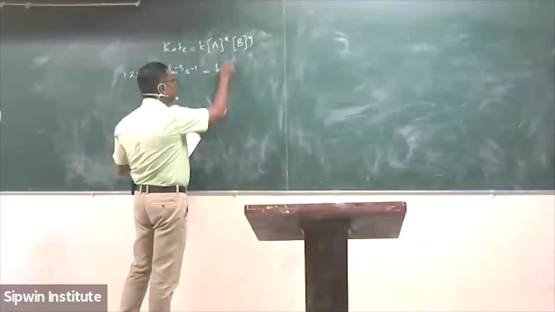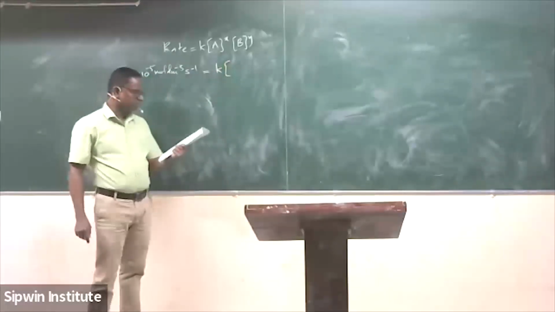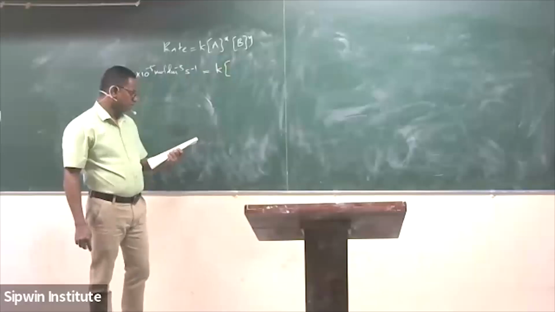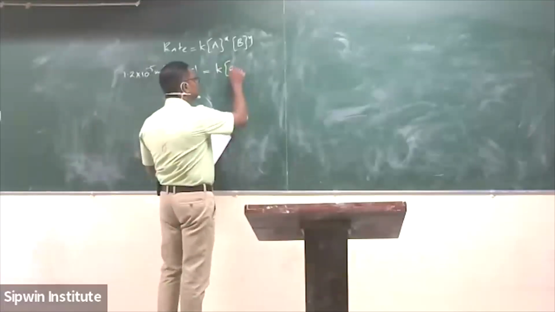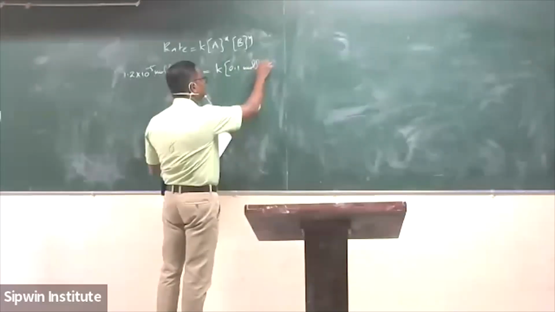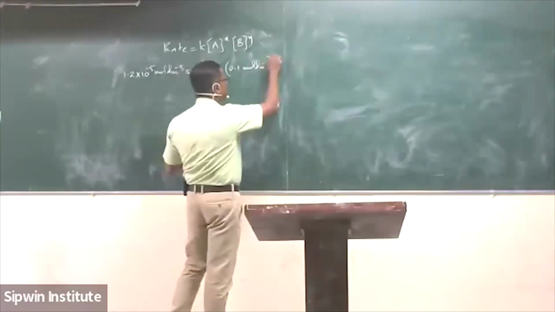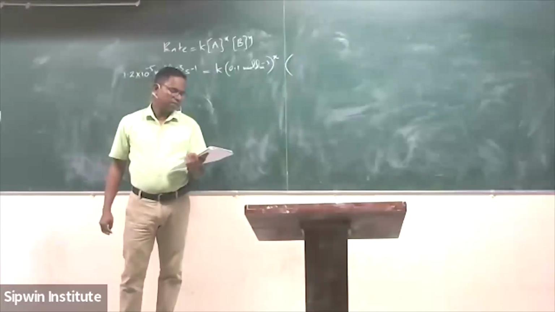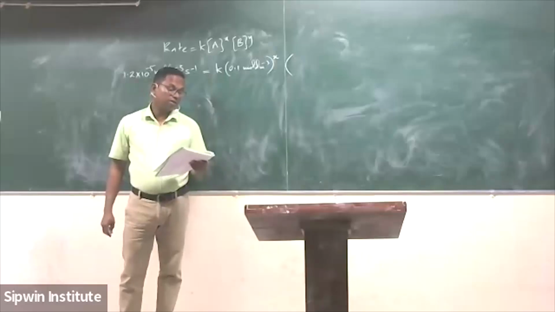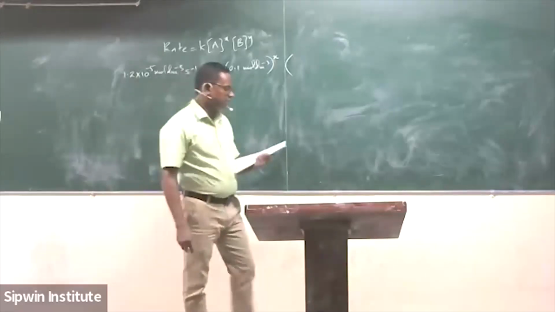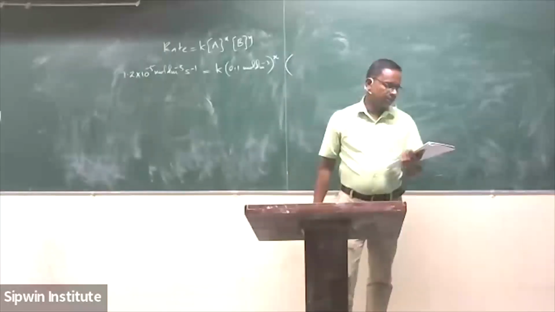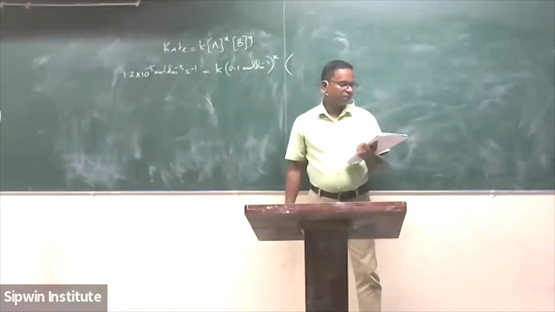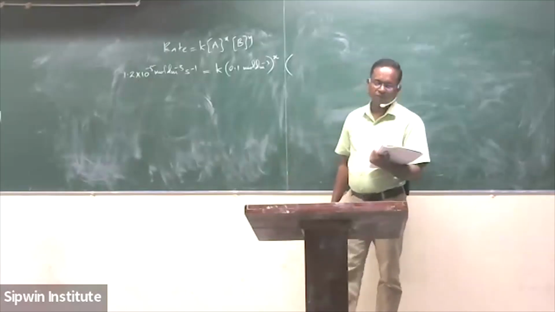Equals k, A concentration we determined earlier, that is 0.1 at the beginning, 0.1 moles per cubic decimeter to the power x. For B, in the substitution, it is given the amount of B injected, 1 into 10 to the power minus 2.